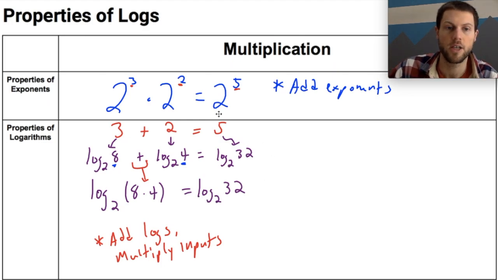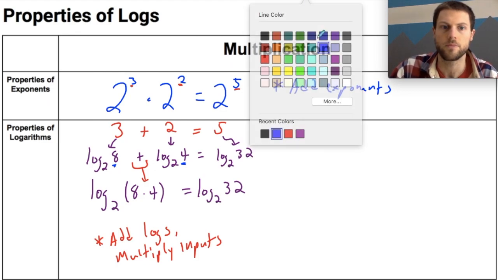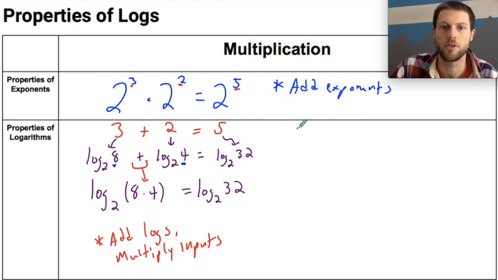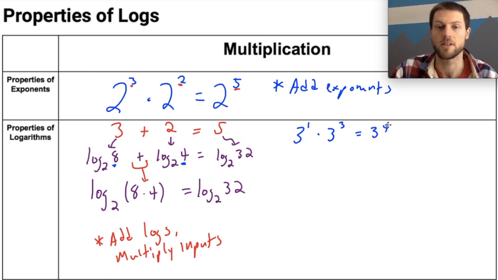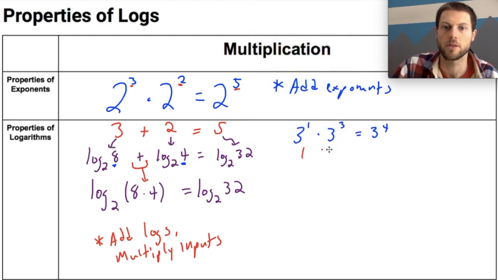We could see another example, just for the sake of example, with other numbers. Let's say I'm going to take 3 to the first times 3 to the third, and that should equal 3 to the fourth. Once again, we just add these exponents. So if I were to write this as an addition problem, I would have 1 plus 3 equals 4. And I can rewrite these as logs.